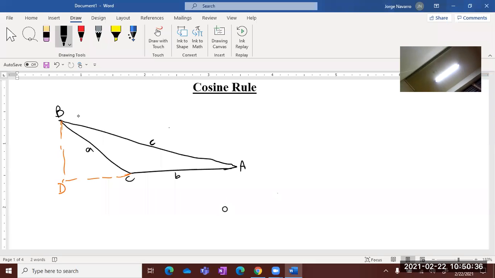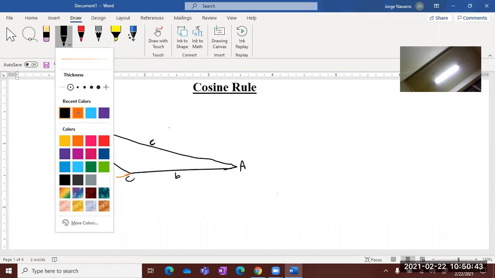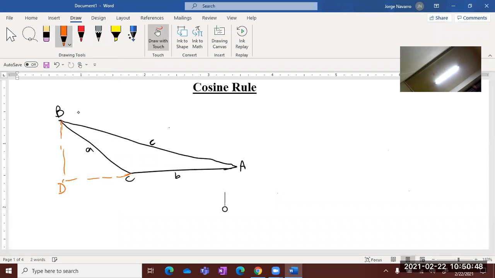Now, if we're looking at Pythagoras' theorem, let's start with what we do not have. What is imaginary? What we put there for our personal use. So first I'm going to consider triangle BCD, and I'm going to be using Pythagoras' theorem on it.